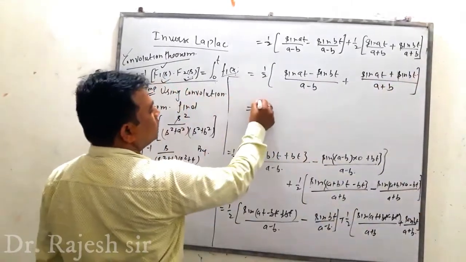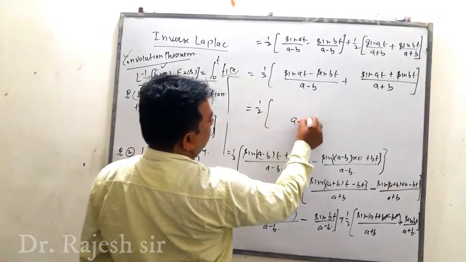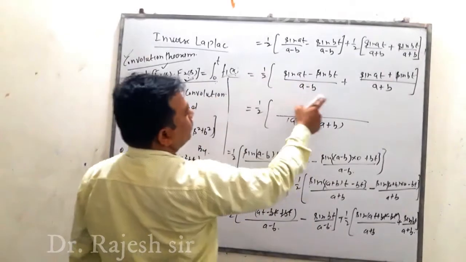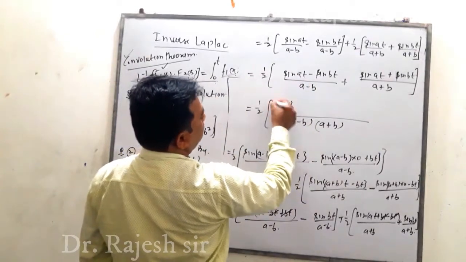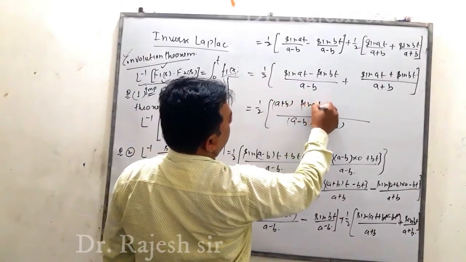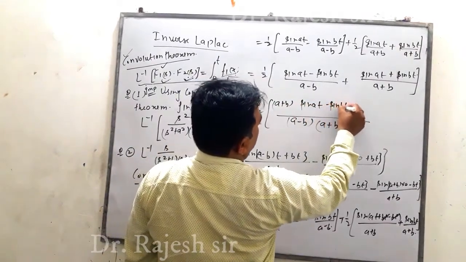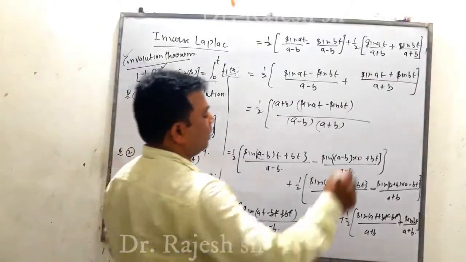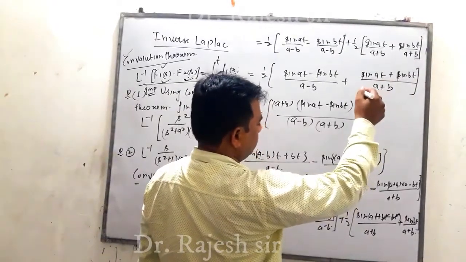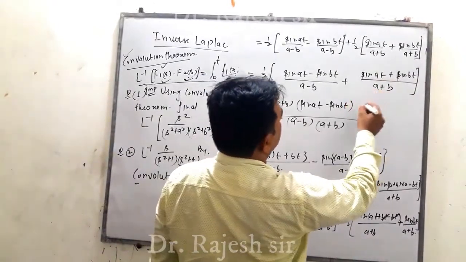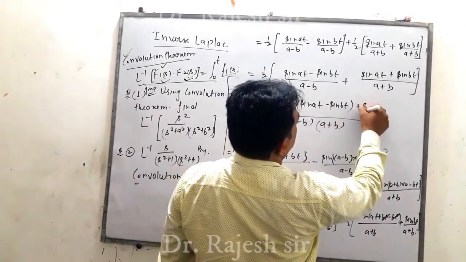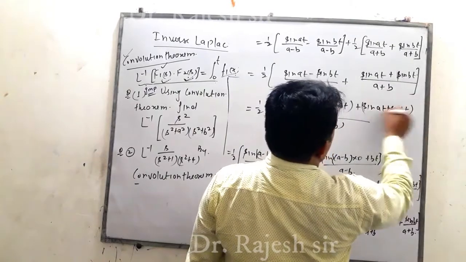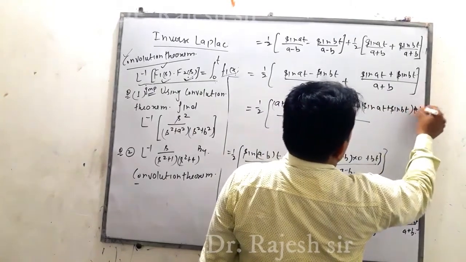Now taking the LCM, 1 by 2, a minus b and a plus b. Multiply this function a plus b sin of at sin of bt plus sin of at or sin of bt and a minus b.